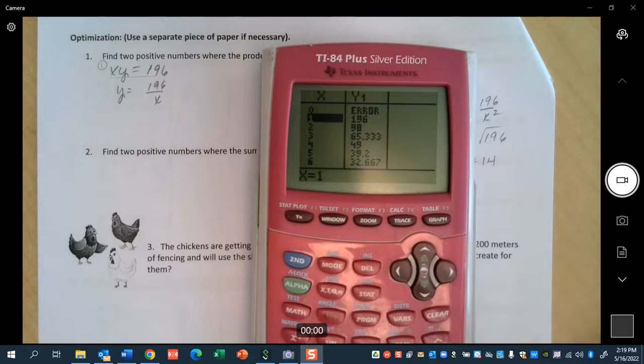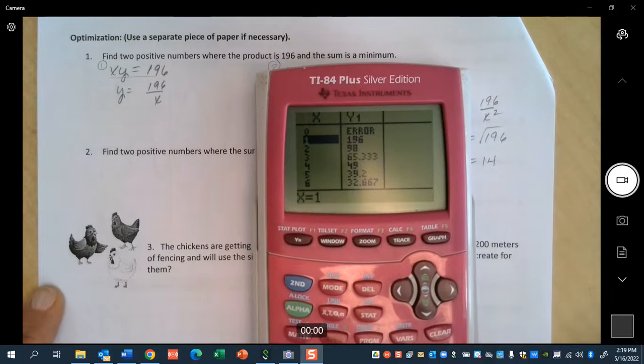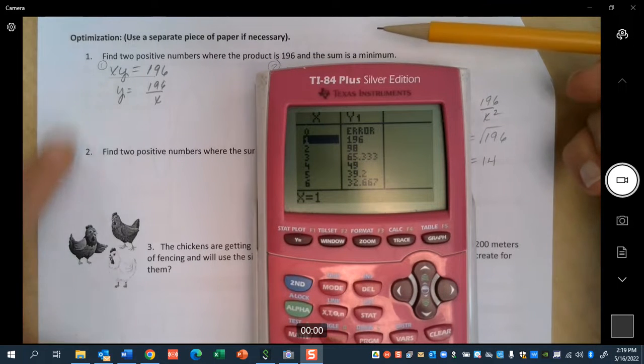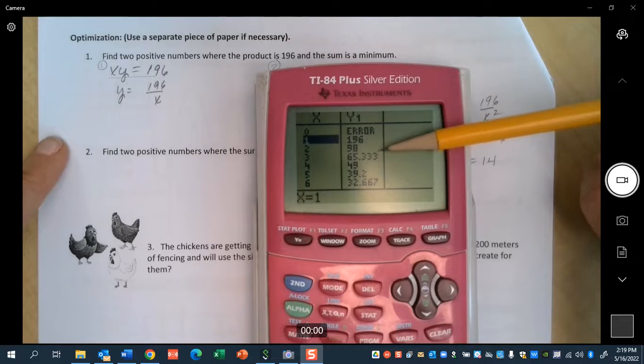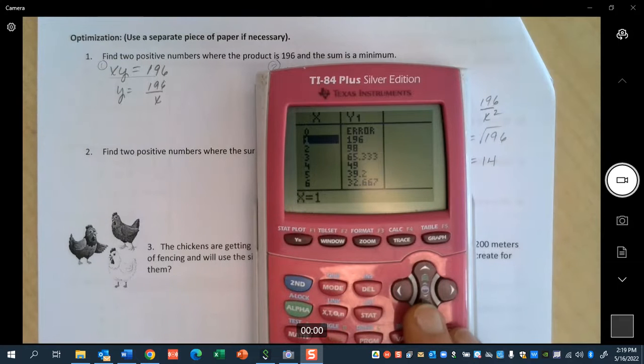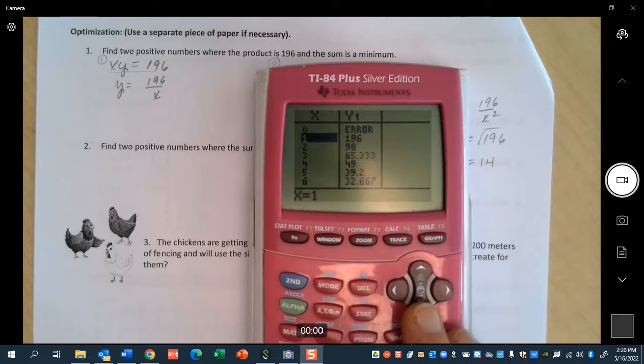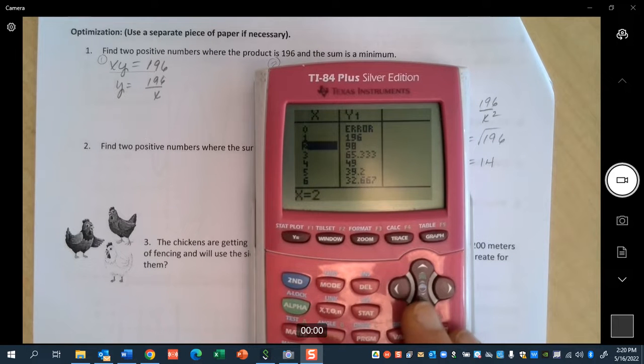Here are all the factors of 196. I am minimizing the sum. So two positive numbers where the product is 196, and I'm minimizing the sum. Look at here, the sum here is 197. Here the sum is 100. Here the sum is 68.3333. Here the sum is 53.